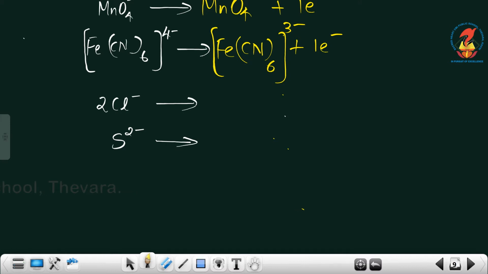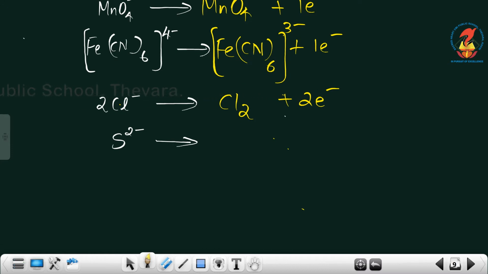Next one, 2Cl-. What is this 2Cl- indicating? There are 2 Cl- ions, chlorine with one extra negative charge each. On losing 2 electrons, what will happen? Here we have 2 chlorine atoms with 1 extra electron each. So, in total we have 2 extra negative charges. So, on losing 2 electrons, it will become Cl2. We cannot write it as 2Cl, it is Cl2.